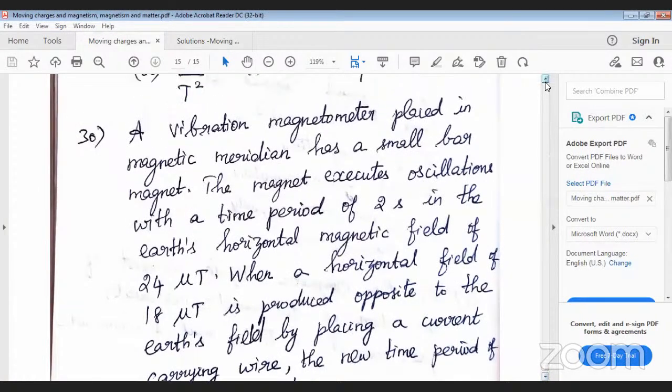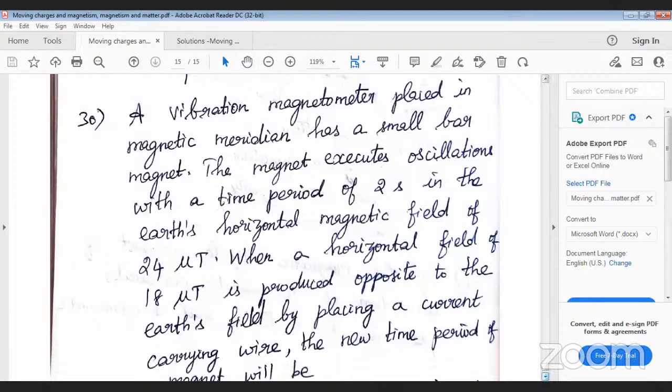A vibration magnetometer placed in a magnetic meridian has a small bar magnet. The magnet executes oscillations with a time period of 2 seconds in the Earth's horizontal magnetic field of 24 microtesla.